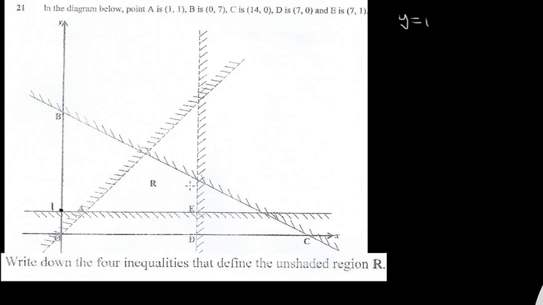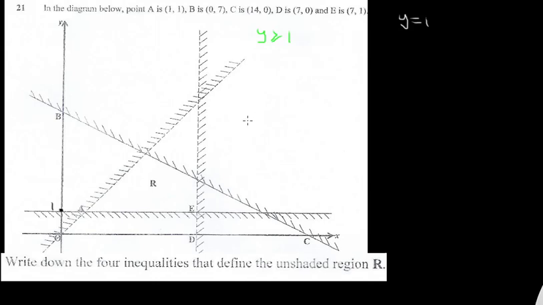What we're interested in is everything that is greater than 1, but not what is less than 1. So the first inequality that we have is, let's use a color that we won't have to change, Y is greater than or equal to 1.